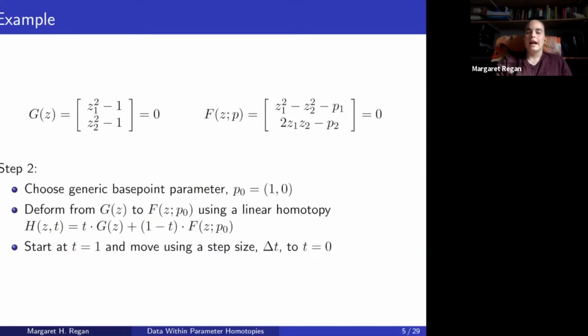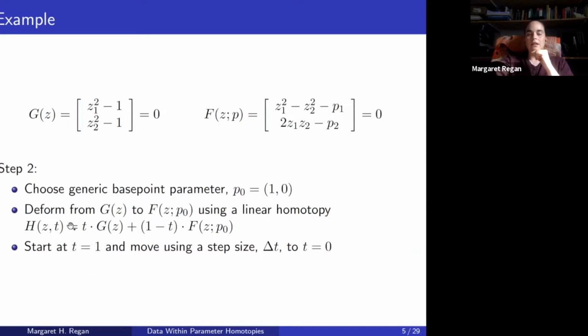And so the algebraic geometry or homotopy continuation piece is we take the solutions that we know from G of Z, and we deform to the polynomial system defined by F of Z at P0 using a linear homotopy. And so then we're able to take our solutions that we knew at G of Z, and using that linear homotopy, we're given then the solutions of F of Z at P0.